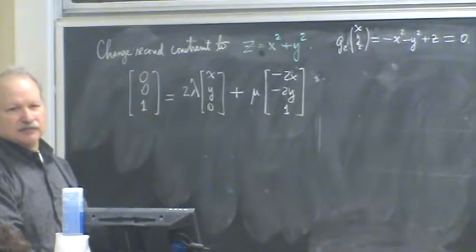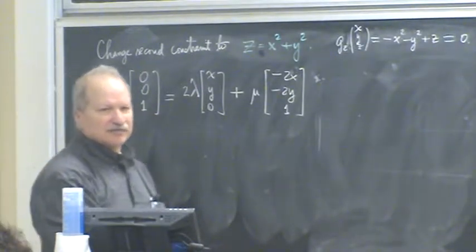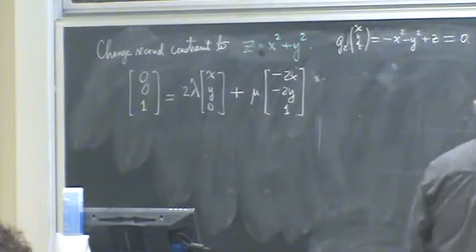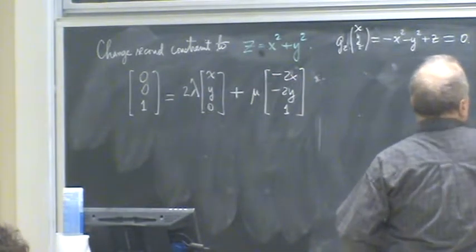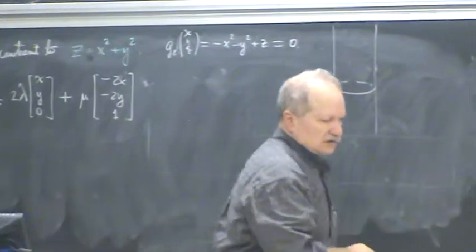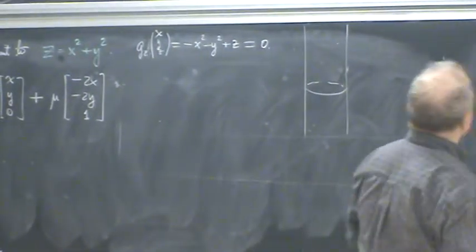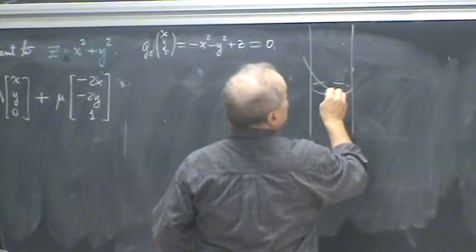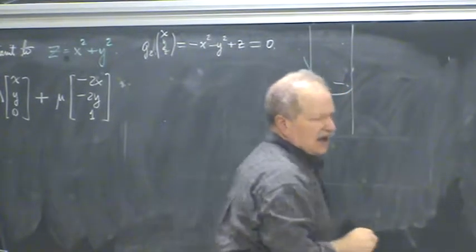You okay? What's the question? No, it doesn't need to be changed. I'm just changing the second constraint equation, so I still have the cylinder. Wait, so x squared plus y squared still equals 1 as in the first equation? Yes. Oh, that is not what I wanted.